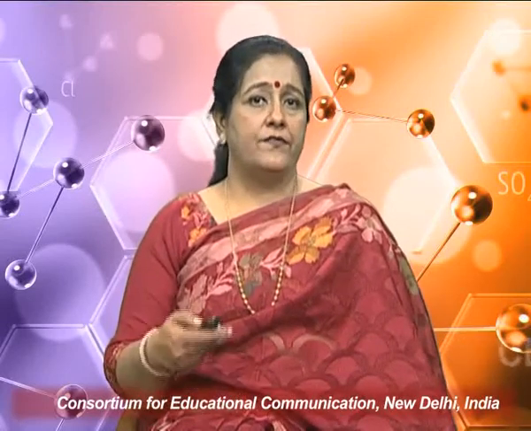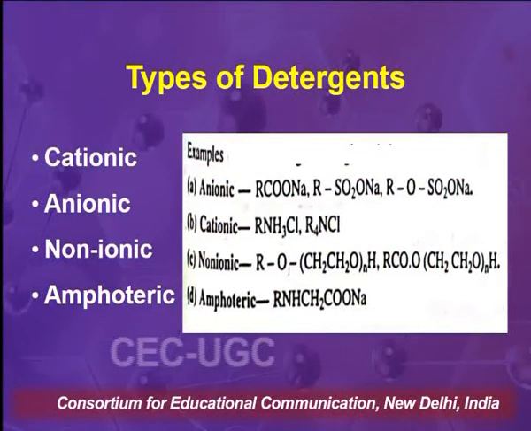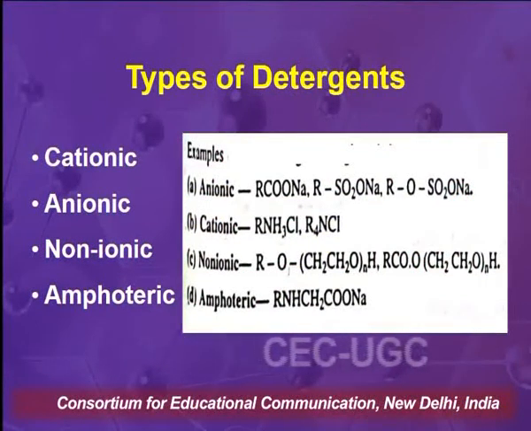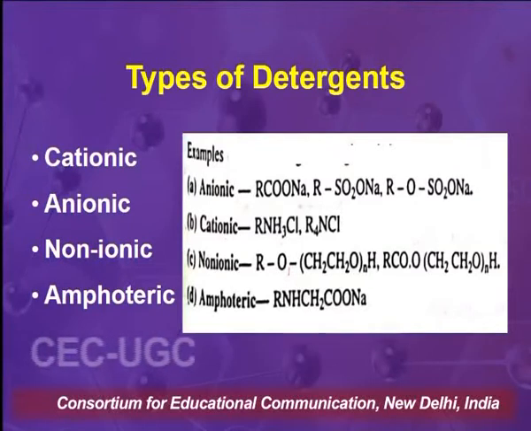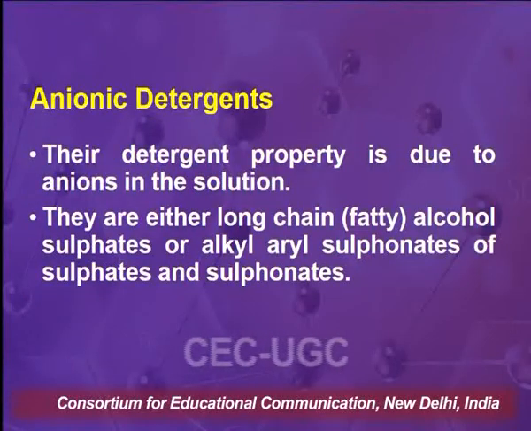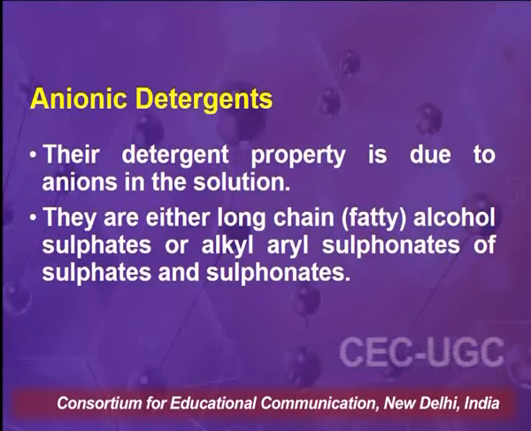There are different types of detergents: cationic, anionic, non-ionic and amphoteric. Here I have given a few examples. Now we'll take up these types of detergents one by one. Anionic detergents: their detergent properties are due to the anions in the solution.